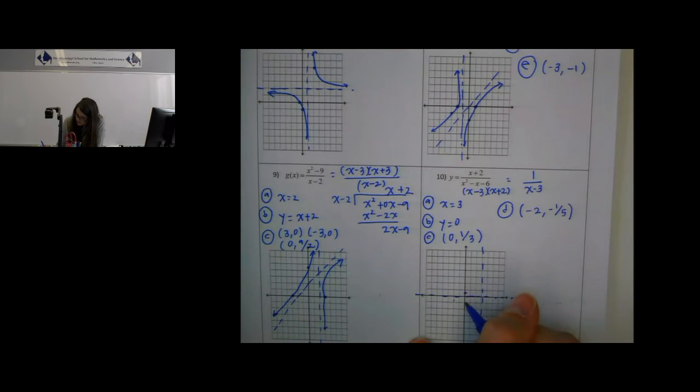All right, so this is actually going to be negative 1/3, I'm sorry. So ignore that point right there. You're going to have a hole there, so you're actually going to draw an open circle.